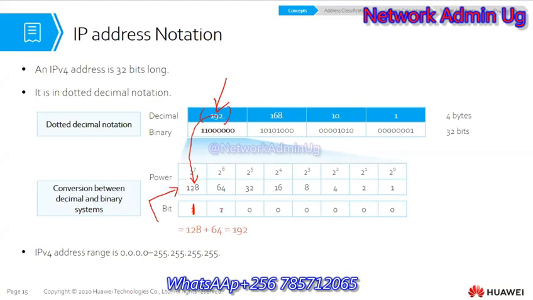Therefore, we turn on 64, and then turn off the rest of the numbers. Why? Because when I add 128 plus 64, I get 192.